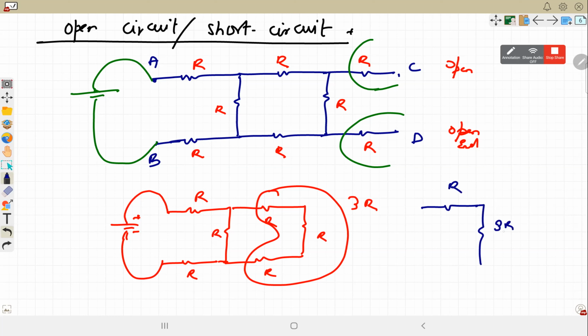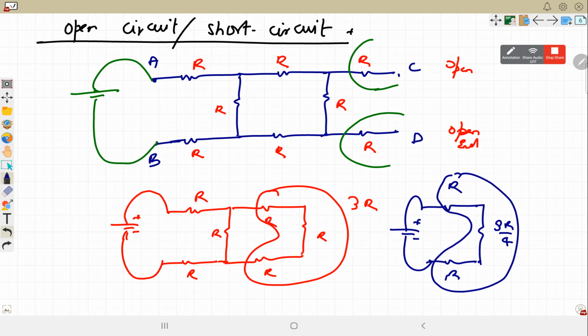And then we connect a battery. 3R by 4 and R in series, so that becomes how much? 11R by 4.